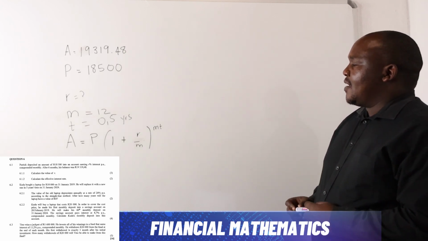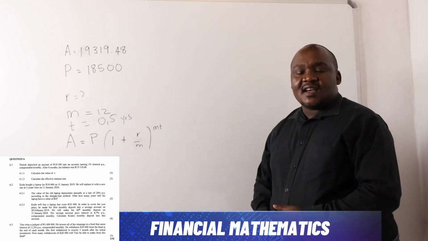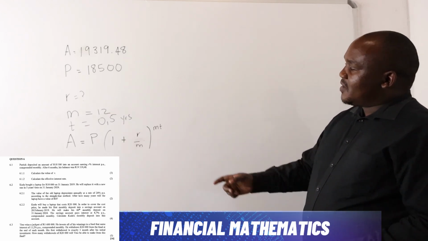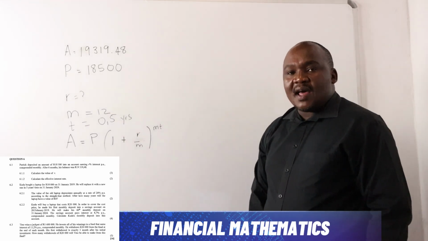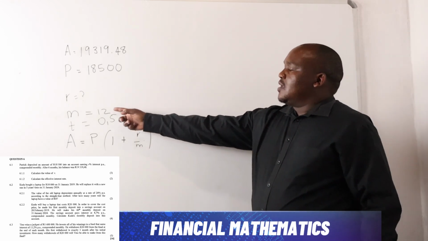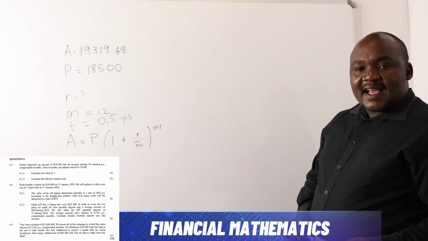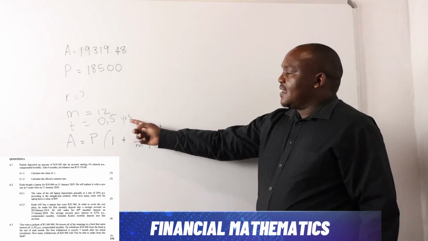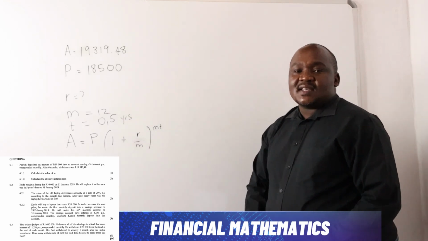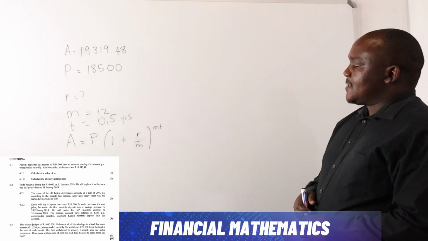We were told that the interest is compounded every month. So in a year, it will be 12 times. And like I said, this value was achieved in half a year, or 6 months.